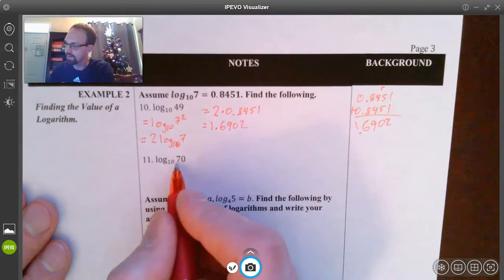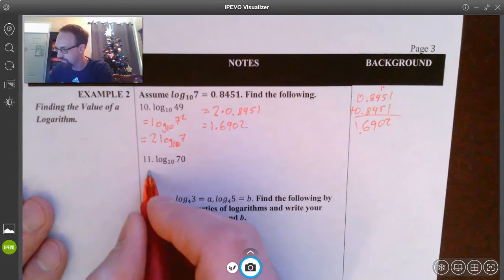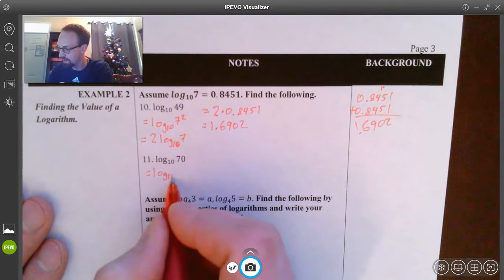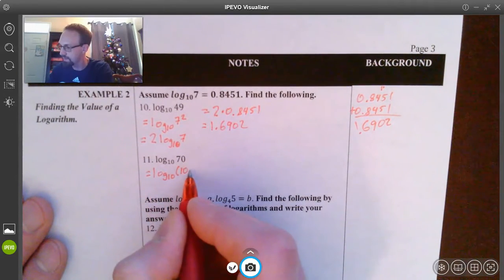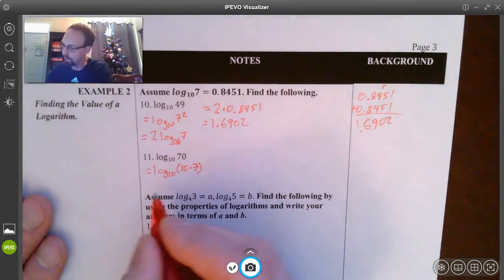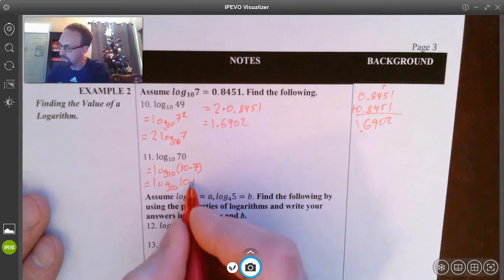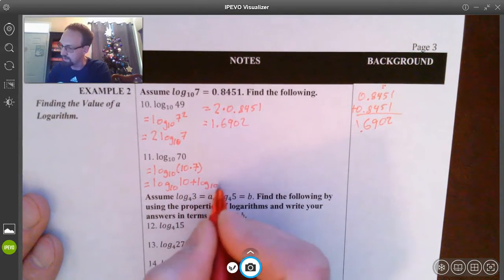What about this one here? 70. Well, I could get 70 by taking log base 10 of 10 times 7. Now I could do log base 10 of 10 plus log base 10 of 7.